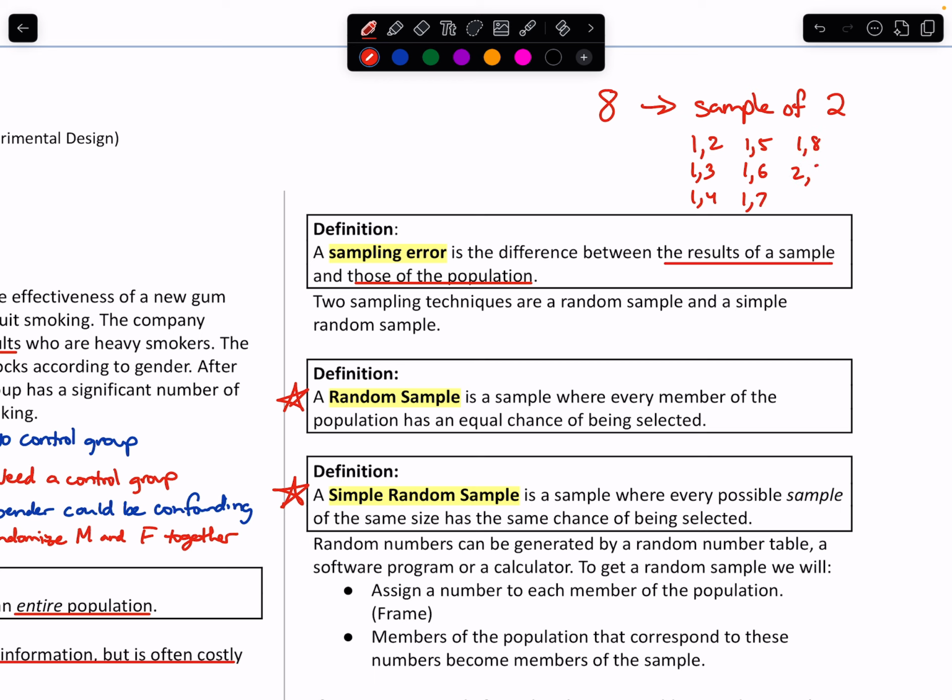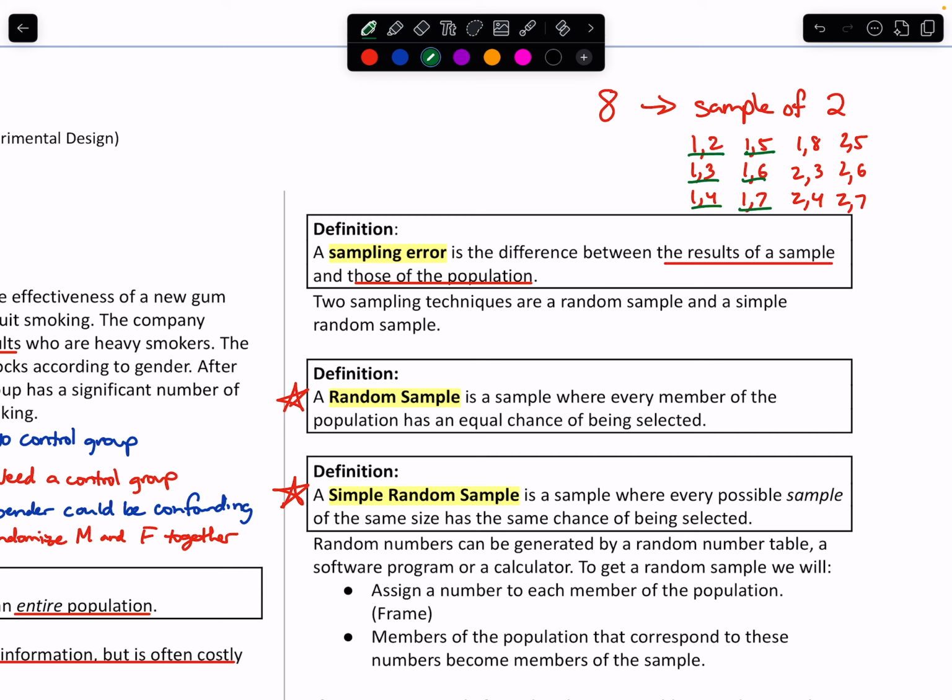I could have 2 and 3, 2 and 4, 2 and 5, 2 and 6, 2 and 7, and you get the picture. Okay, every single one of those is a possible sample, and so there are a certain number of possible outcomes that could happen.